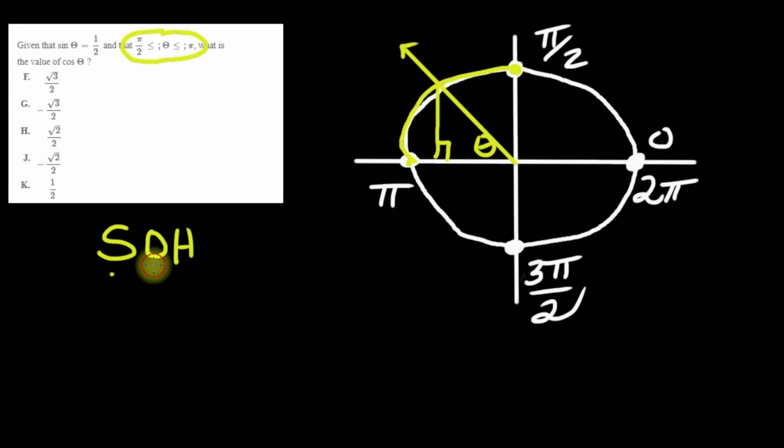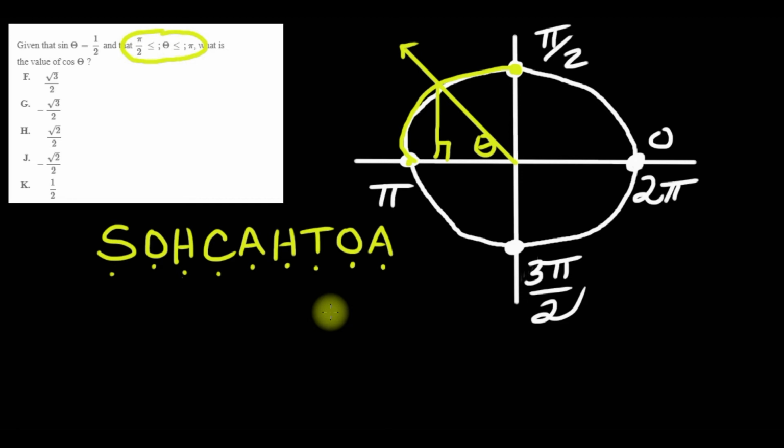Sine is opposite over hypotenuse. Cosine is adjacent over hypotenuse. Tangent is opposite over adjacent.